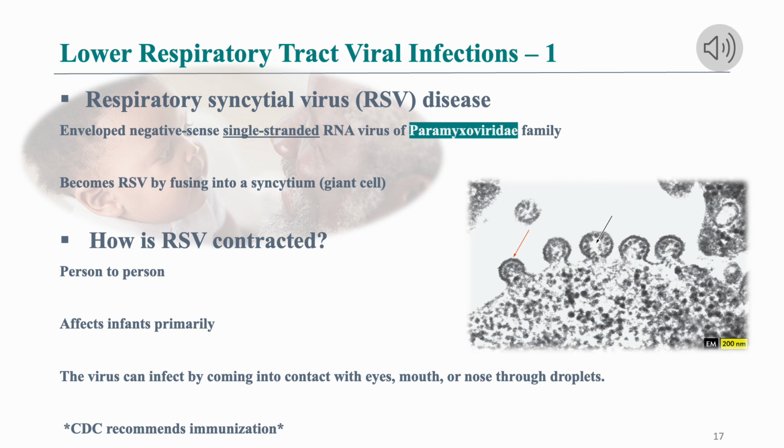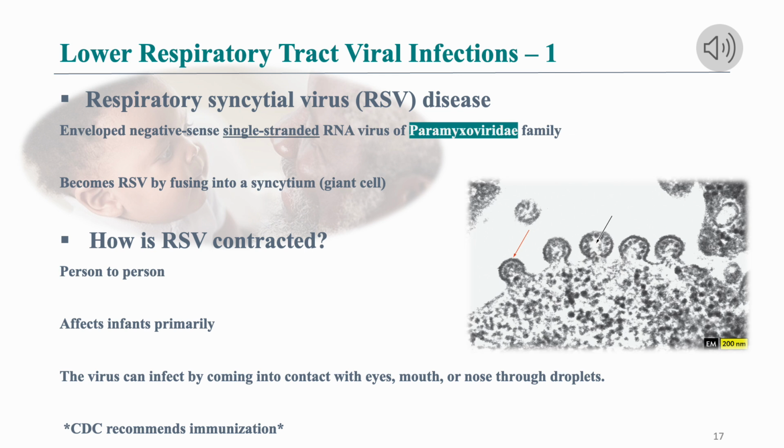So how is RSV contracted? You can get RSV from person to person. It primarily affects infants. You can get infected if the virus comes into contact with eyes, mouth, nose, really through droplets.